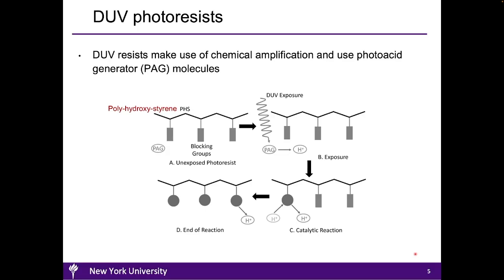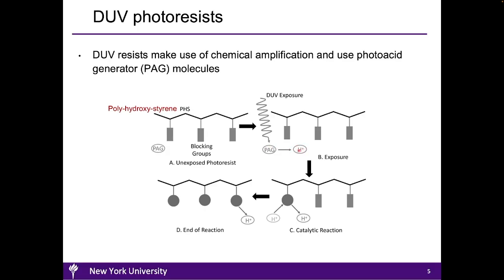The deep UV resists make use of a chemical amplification process using photoacid generators, or PAG molecules. The illustration here shows an example resist based on the PHS polymer with attached blocking groups, which are insoluble in the developer. The incoming photon reacts with the PAG molecule, creating an acid molecule, shown as a proton here.